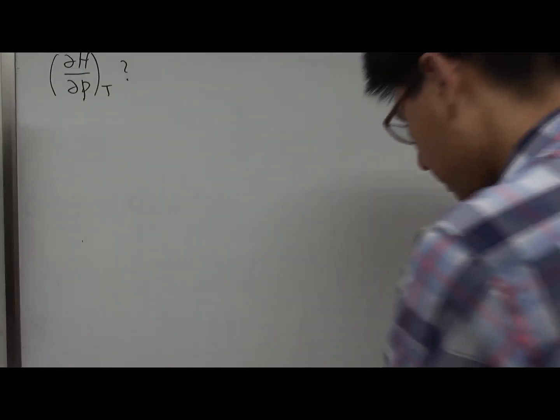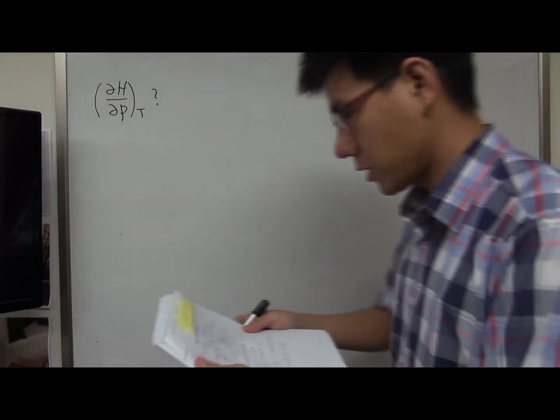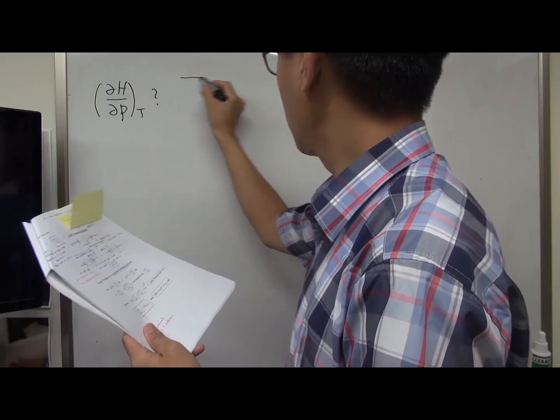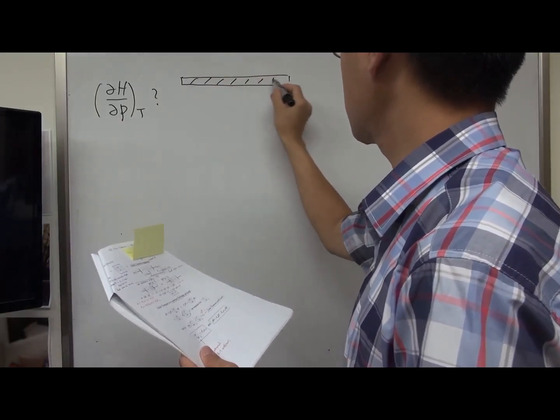How can you determine it experimentally? How can you determine that partial derivative? So the Joule-Thomson expansion experiment looks like this. Let's first draw the diagram.